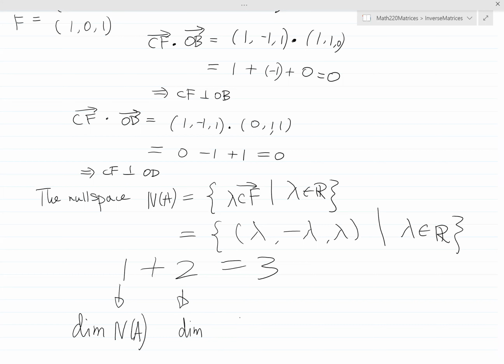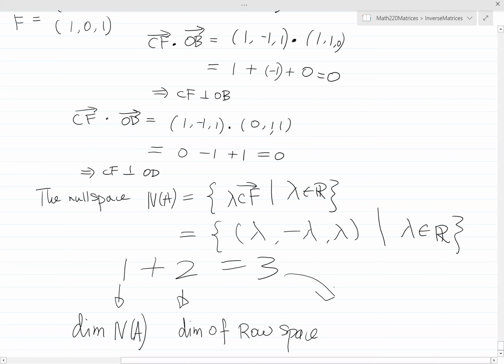Let's just call it the row space. And this 3 is the dimension of the space that the row vectors lie in. Sorry, I got confused.